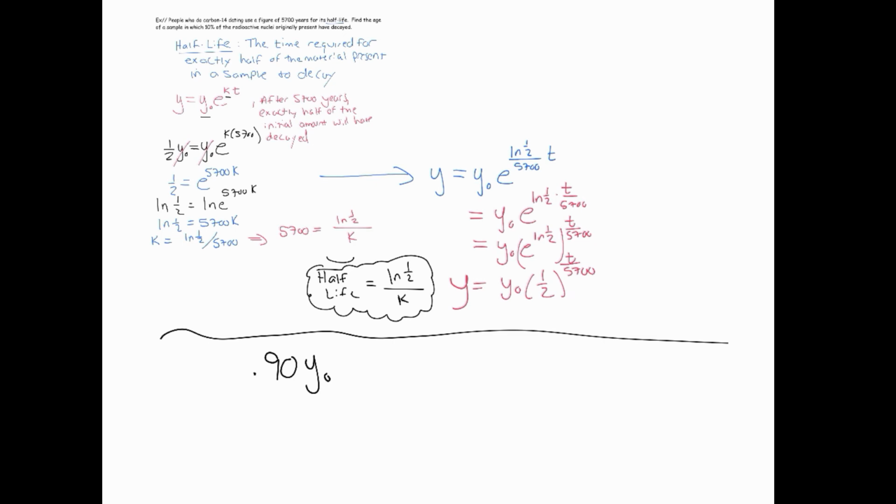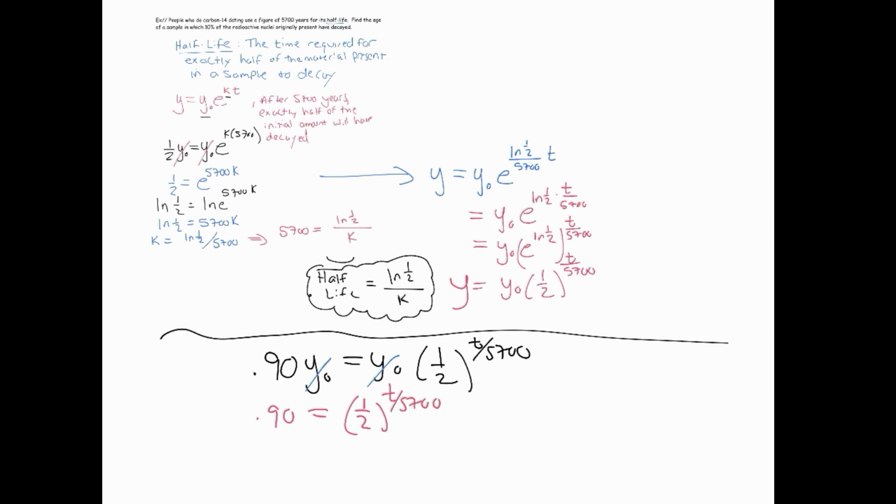So 90% of the initial amount present, 0.9 y sub 0 equals y sub 0 times 1/2 to the t divided by 5700. These, of course, cancel. And now our goal is to solve for t. So I got 0.90 equals 1/2 to the t over 5700.